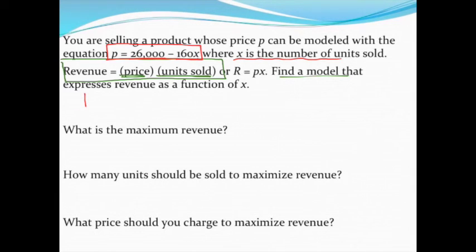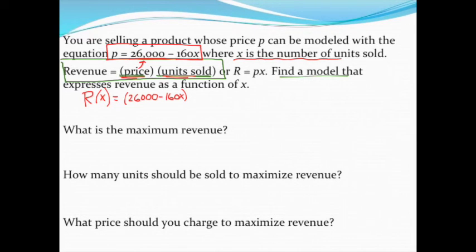So to express the revenue function, I'm going to start with R of X, the revenue as a function of X, and say that's equal to the price. Well, remember, the price is expressed this way. So I'm going to use a price of 26,000 minus 160X, and then I need to multiply that by the number of units sold.